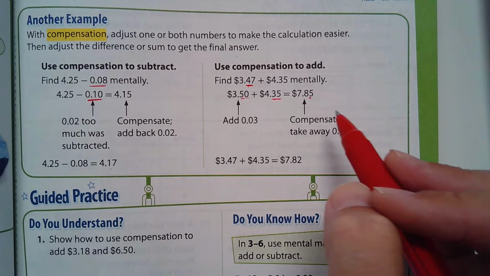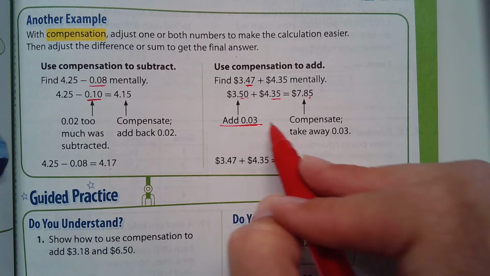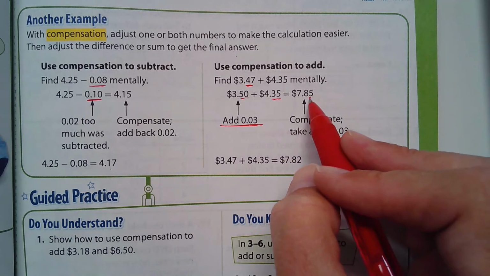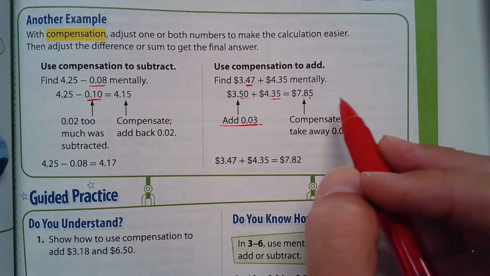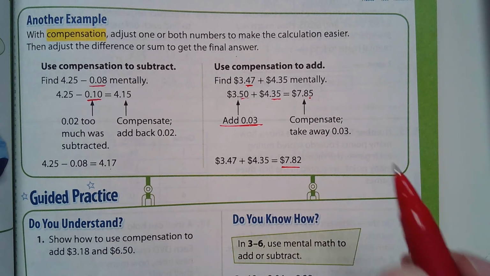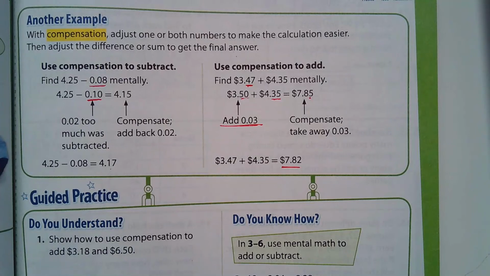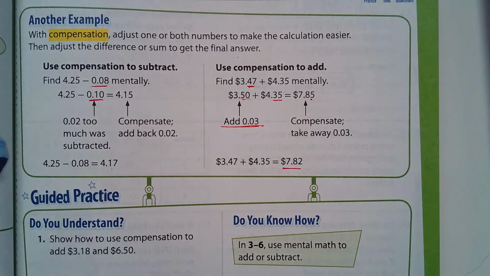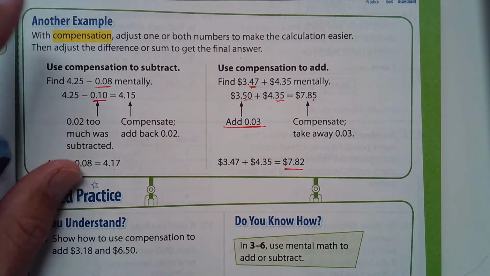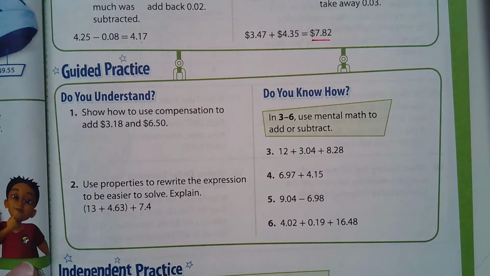But remember, we added in 3, so we got to take 3 away. Well, it's easy to subtract 3 from 85. That's 82. And so it's 782. All right. That's what they're doing there. And again, some of you may do that in some of these problems. Use compensation.